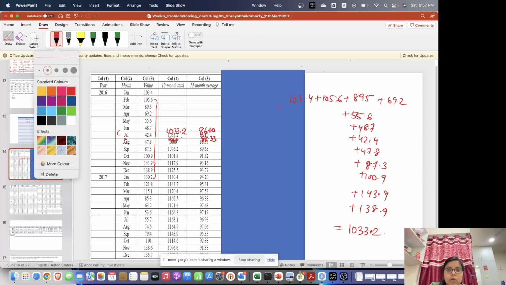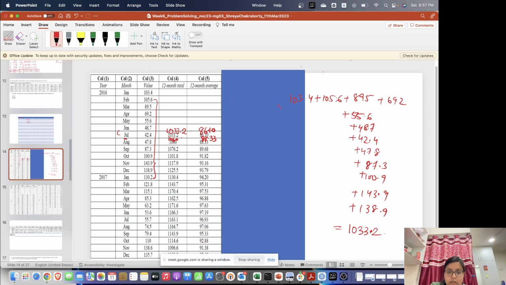And then we would do a centering. Can you please check if this one is coming to 1033.2 or is it already centered?